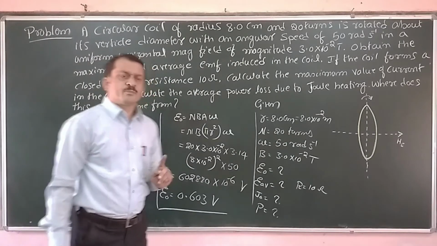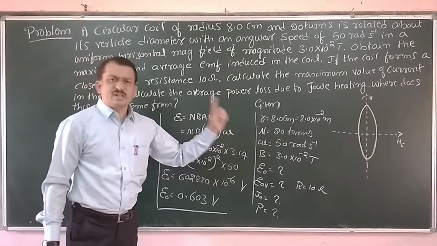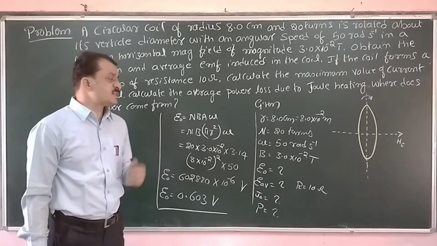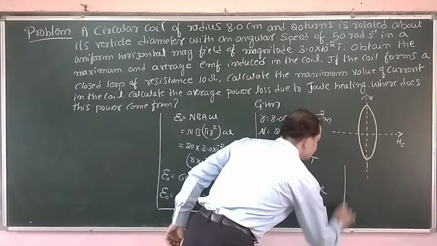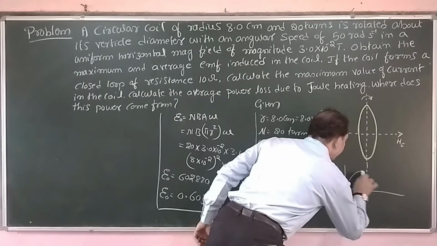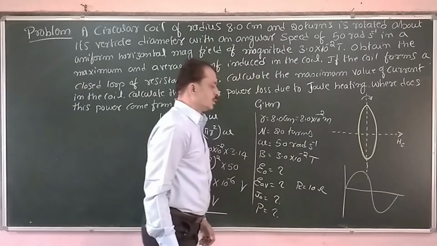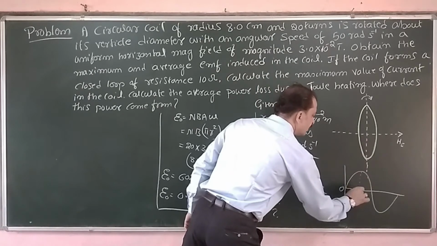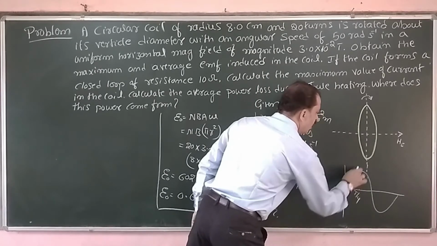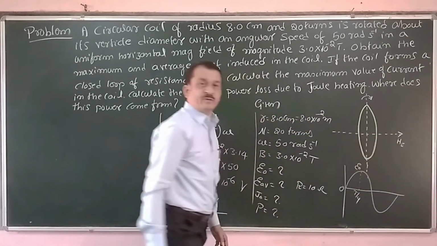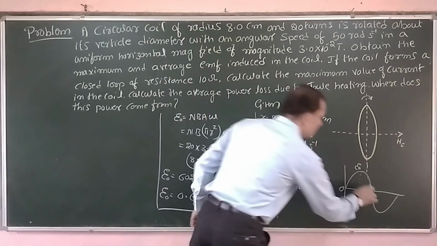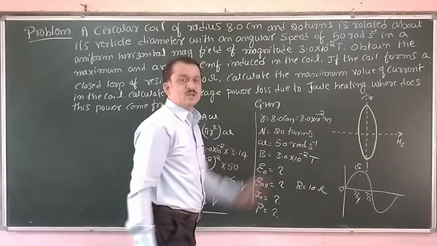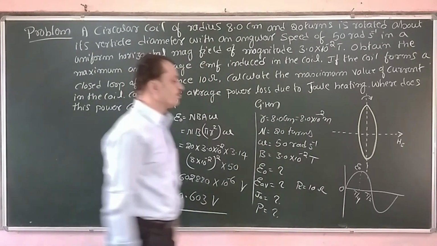Now the EMF induced in this case is an AC signal, that is, it is sinusoidal, represented by a sine wave. Initially it has a 0 value. At T by 4 we have the maximum value of EMF, positive maximum, and at T by 2, that is 180-degree rotation of the coil, the EMF is once again 0.